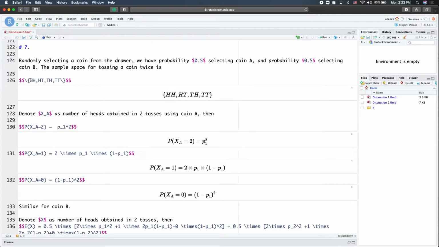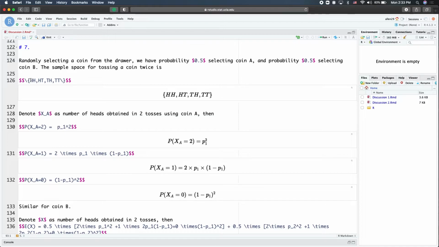So let X subscript A denote the number of heads obtained in 2 tosses using coin A. So we randomly choose a coin and then toss it twice.